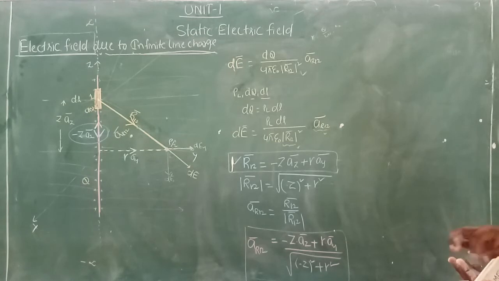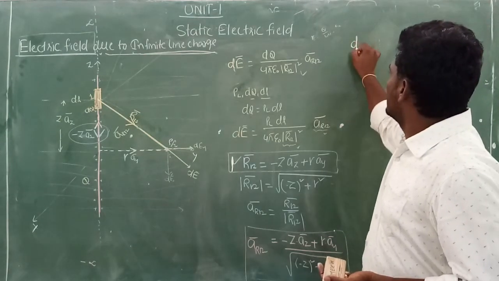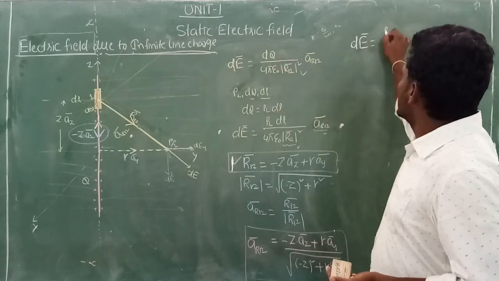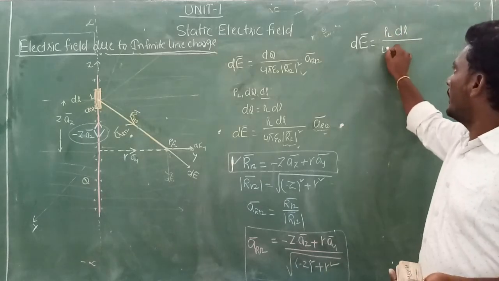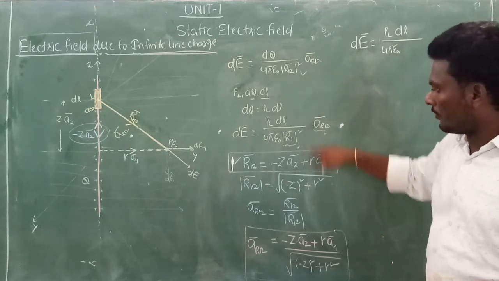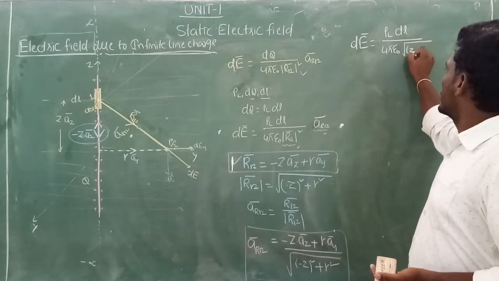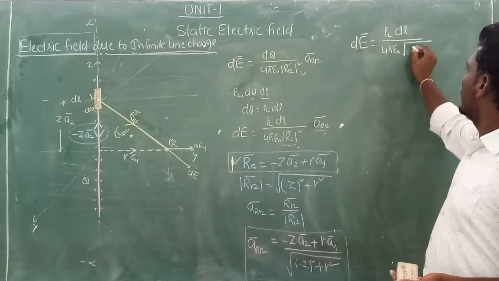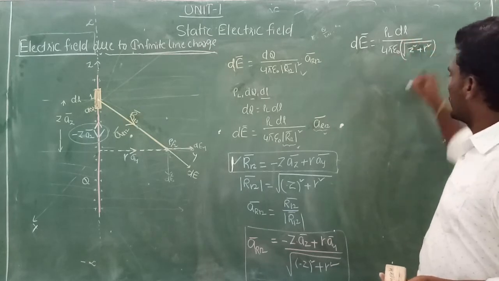Now dE bar equals, what is dQ? dQ equals rho L into dL, by 4 pi epsilon naught, which will be the same. And what is the magnitude of r12? It is the square root of z square plus r square, whole square.